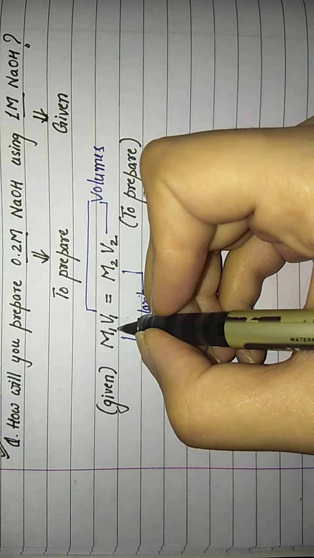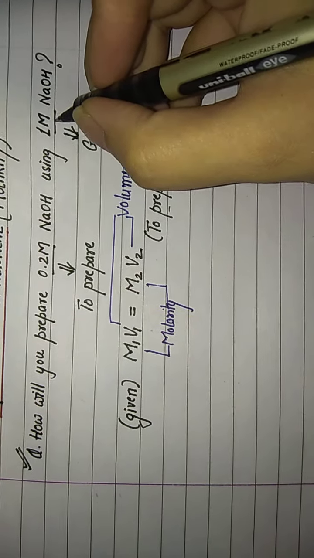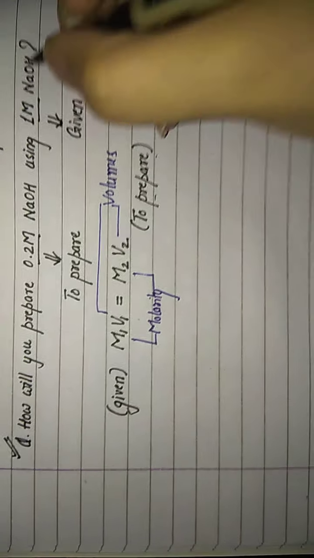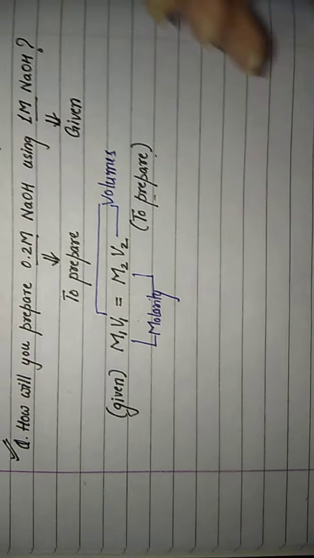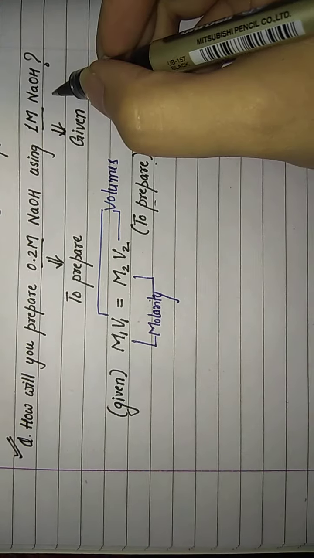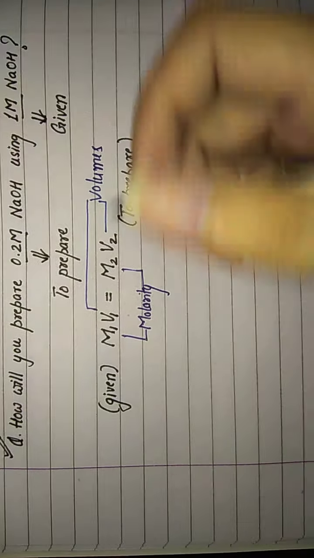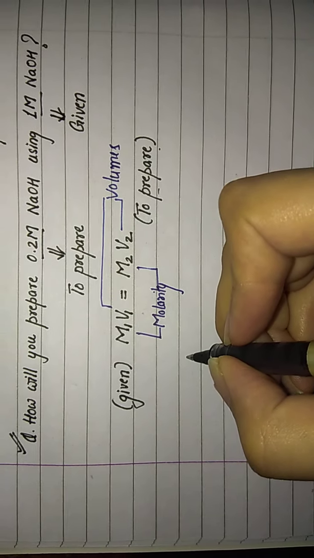If this is the given portion, what is given to me is 1 molar NaOH. So what is the molarity of the given solution? It is 1 molar, and the volume of the given solution has not been provided to me. So let me see, how will I write it?